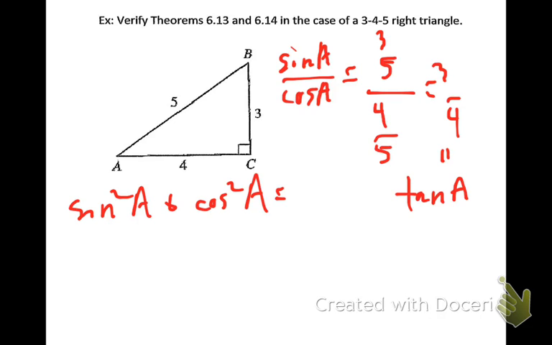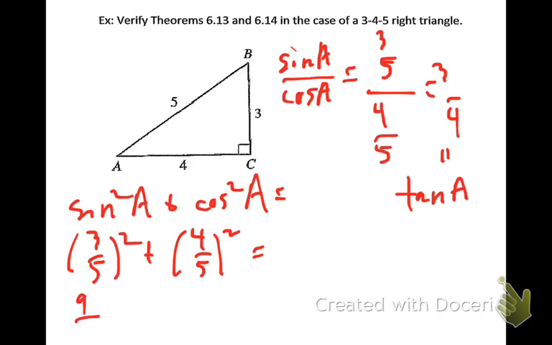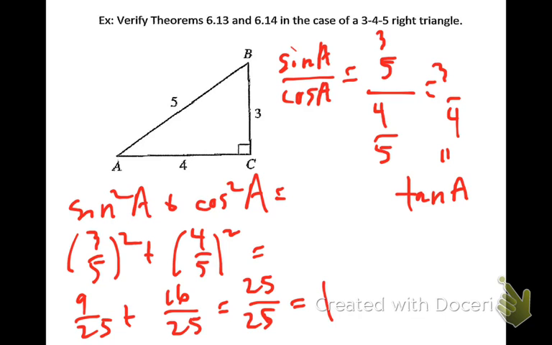We know that the sine of A is 3 over 5, so it would be 3 over 5 squared plus the cosine of A, 4 over 5, squared. That equals 9 over 25 plus 16 over 25, which is equal to 25 over 25, which is equal to 1.